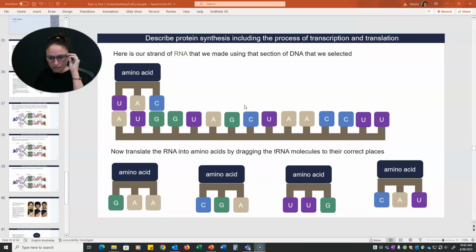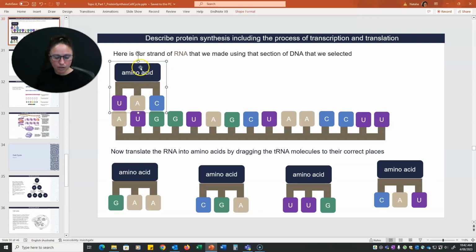So this is what is called translation, because we're going from nucleic acid language, nucleotide language, to amino acid language. So let's have a look at this first. First of all, I want to show you this molecule here.